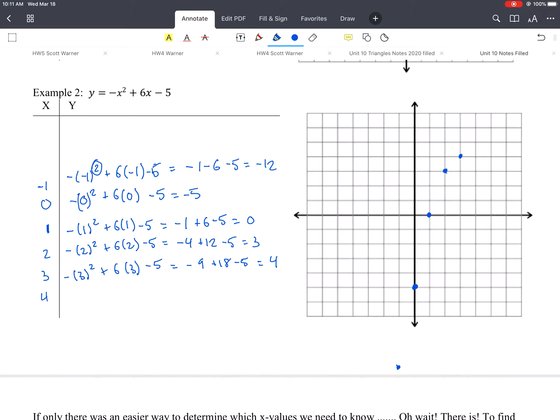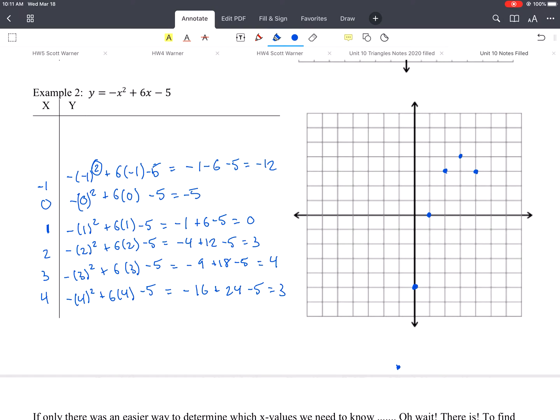We could try 4. Negative 4 squared plus 6 times 4 minus 5. So that would give you negative 16 plus 24 minus 5. Looks like that ends up giving you 3. So 4 comma 3 would be right here.